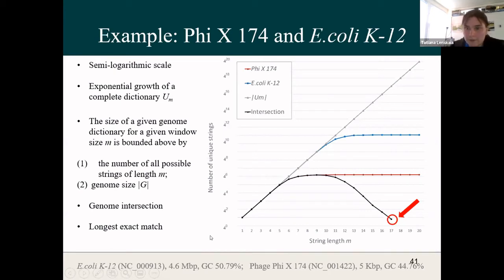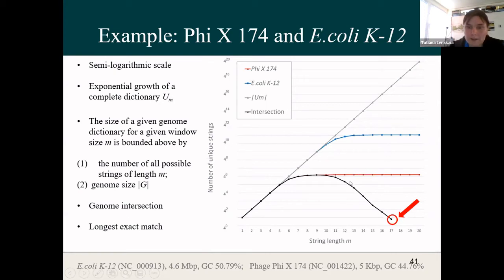This is a semi-logarithmic scale, which is why this exponential growth looks like a straight line. The gray is the size of the complete dictionary, the blue is the size of the bacterial dictionary, the red is the size of the virus dictionary, and this is the overlap.